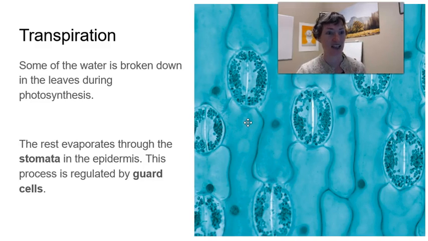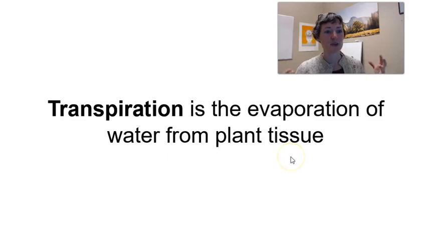And that is detailed in your textbook, how that works. So this process is regulated by guard cells. The opening and closing of the stoma, or stomata, plural, is regulated by the action of these guard cells. This process of evaporation of water through plant tissues is called transpiration.